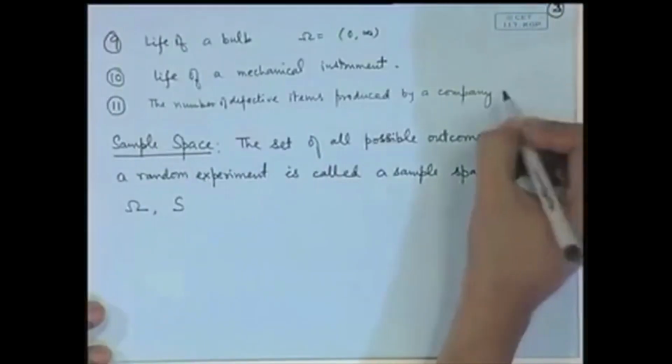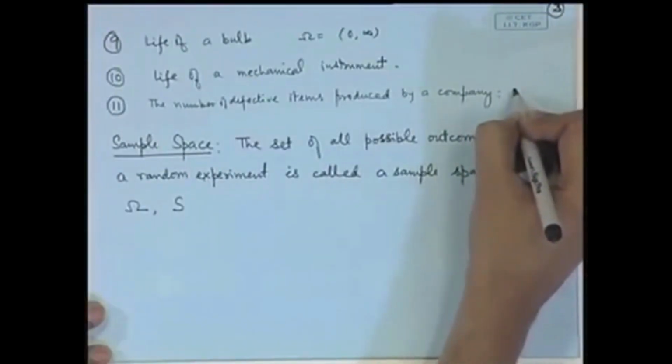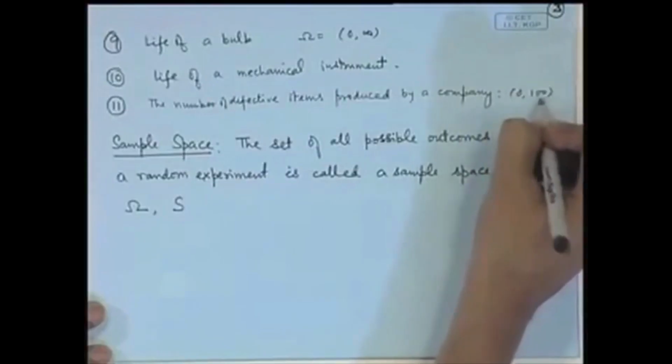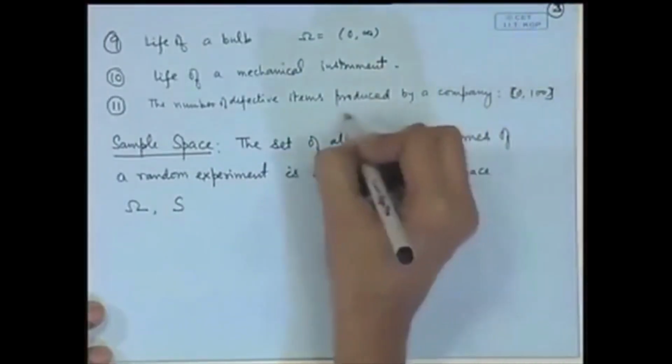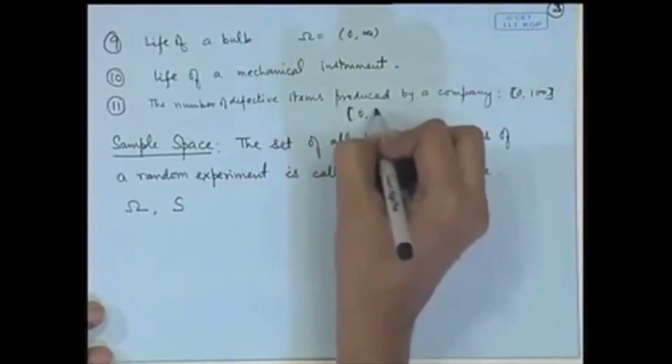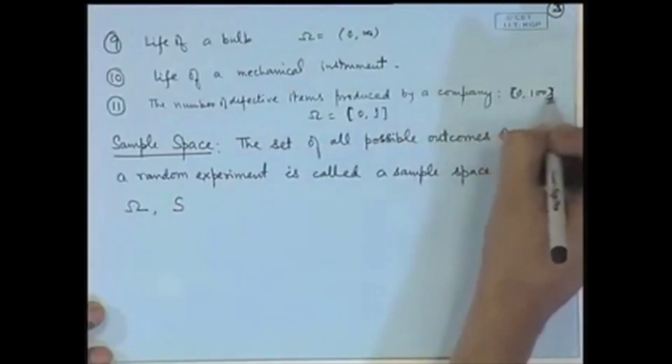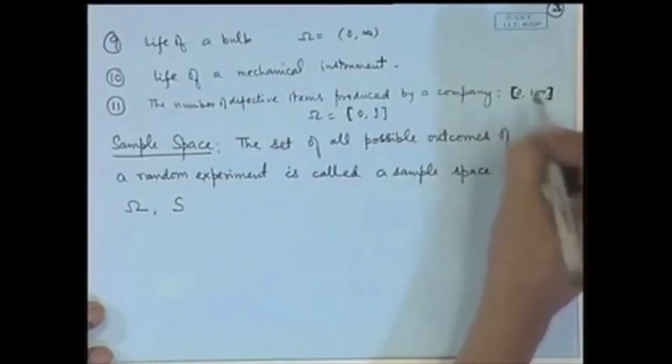Now the number of defectives may be recorded in terms of percentage, so the percentage can be 0 to 100%, or it could be a proportion, in which case we may write the number as 0 to 1. So the sample space will again depend upon the way we want to look at it.